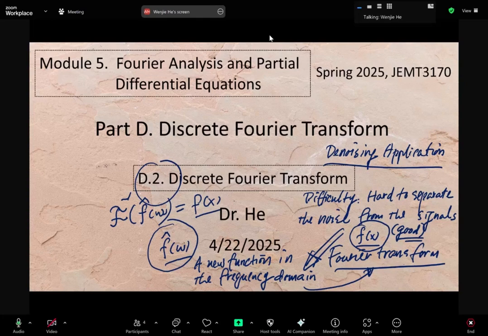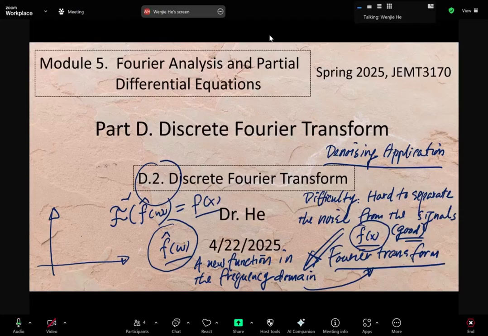It's all here. But because the representation is different in this new frequency domain, if we want to draw the curve of the function, you can draw it.